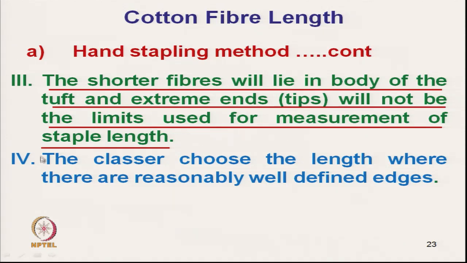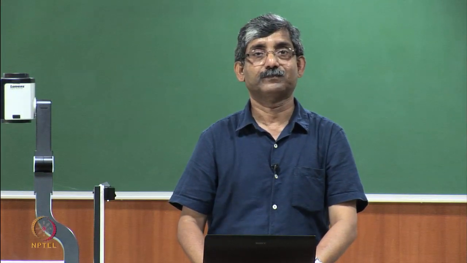The classer chooses the length where there are reasonably well defined edges, so the extreme edge is not taken. Between these two edges is the staple length.